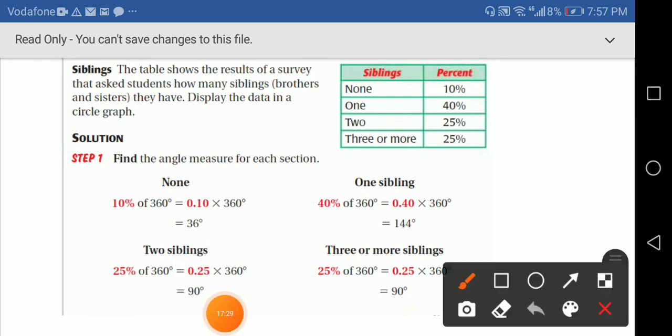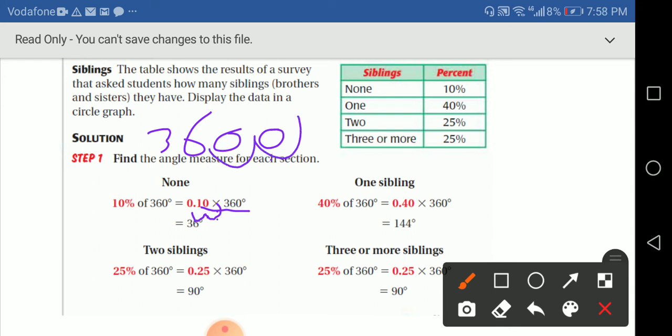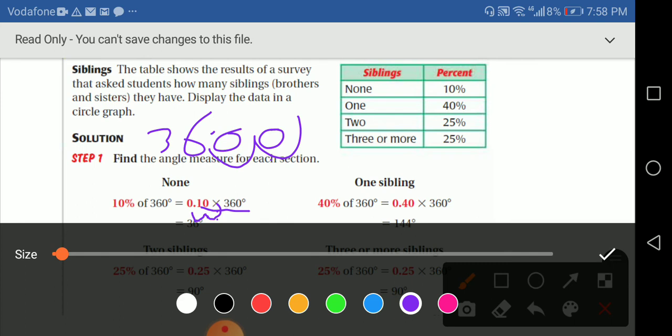Okay, what about here, guys? Here I want to show you how I will solve it. I ignore the decimal point, and then 10 times 360. Then I add 2 zeros. Then I will consider the decimal point. We have 2 decimal places, 1, 2. Then I put my decimal point.